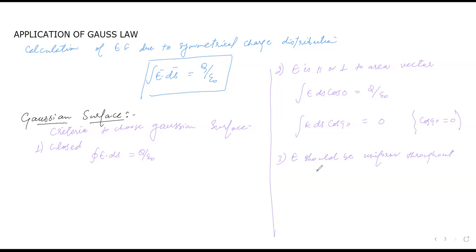If the field is uniform, then the electric field is a constant term, which you can take outside of the integral. Integration of ds is equal to q over epsilon naught. Note it down, please.